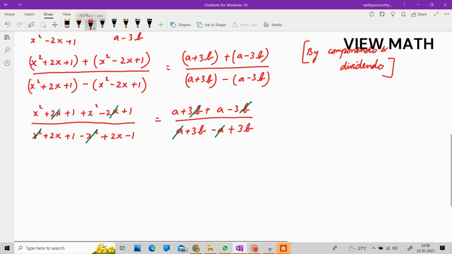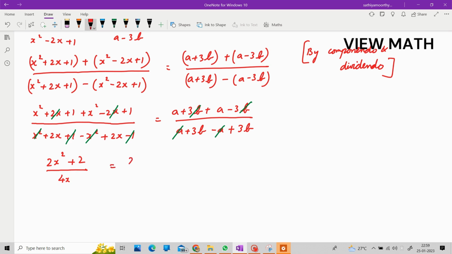So remaining terms I have to write. I'll be getting 2x square plus 2 divided by here 2x plus 2x, it is 4x. Again plus 1 and minus 1 is there. I can cancel plus 1 and minus 1 also. So denominator only plus 4x I am getting. Coming to the right hand side, here I get 2a plus 3b plus 3b, so it is 6b. Now here 2 is common.